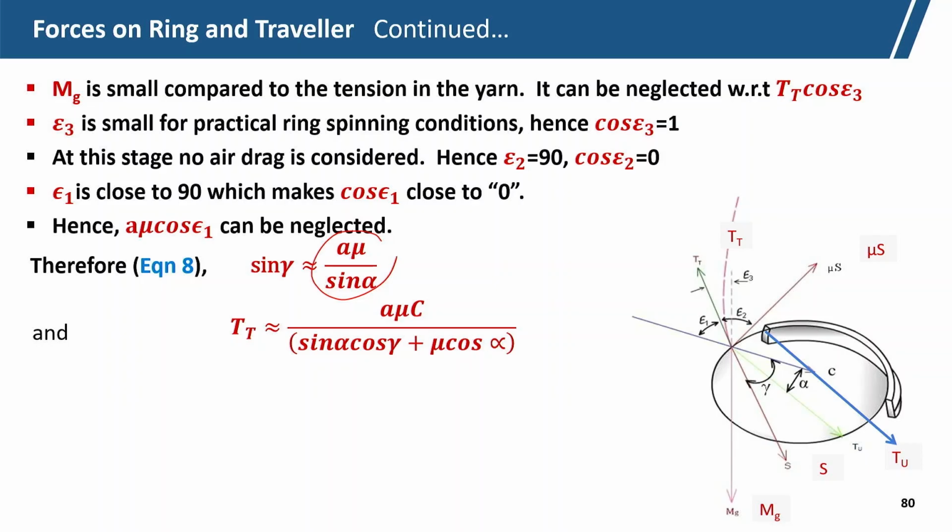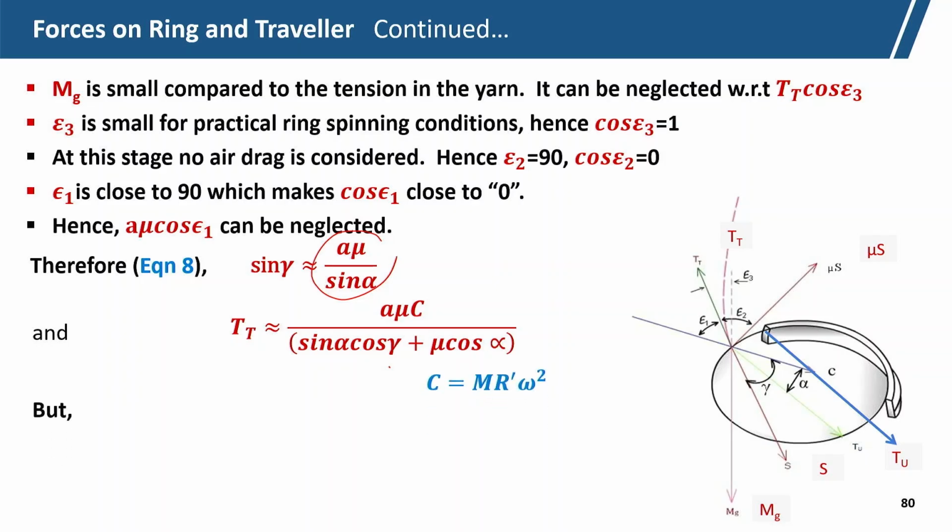So, T t is approximately a mu c by sin alpha cos gamma plus mu cos alpha, where epsilon 2 and epsilon 3 are almost 90 degrees. Epsilon 1 is almost 0, so it can be neglected. So, this equation is simplified.